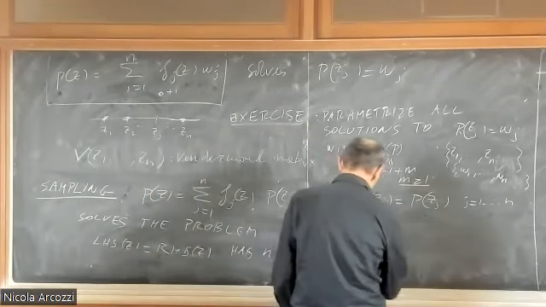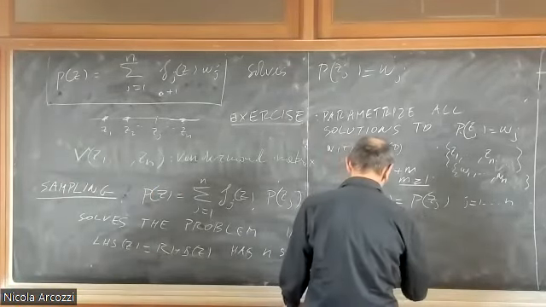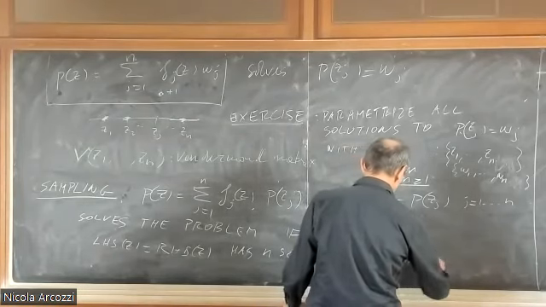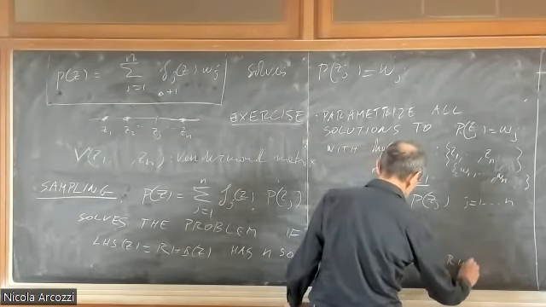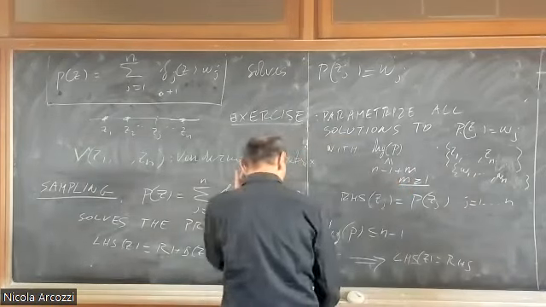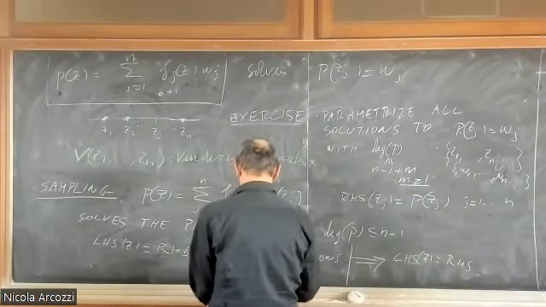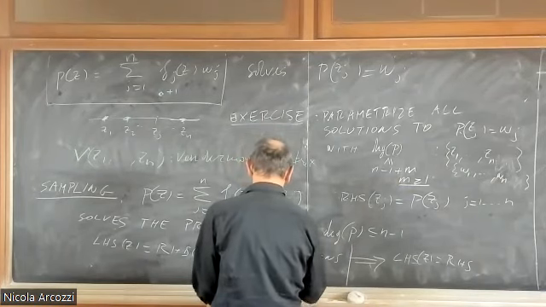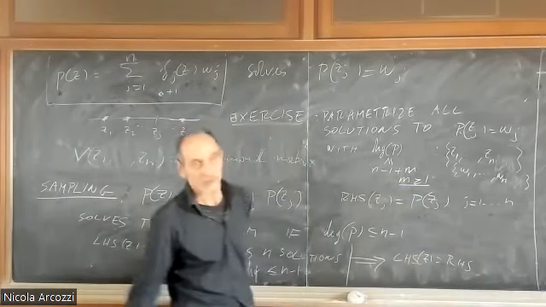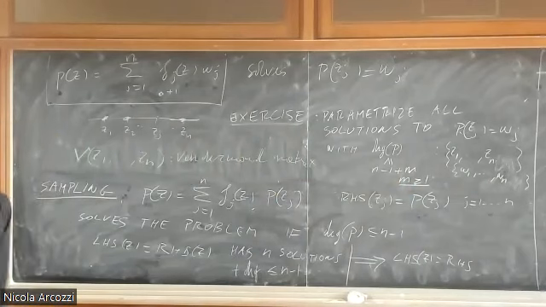this implies that the left-hand side is equal to the right-hand side if the degree is less or equal than n minus 1, because the only polynomial of degree less or equal than n minus 1 having n zeros is 0.